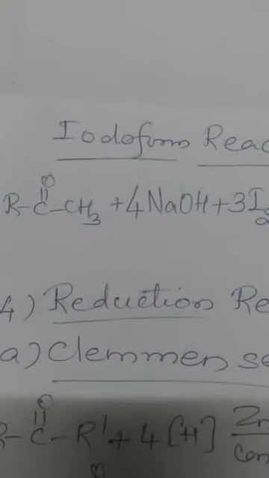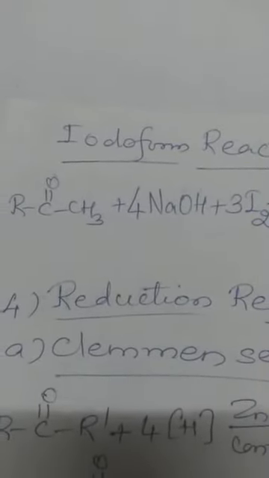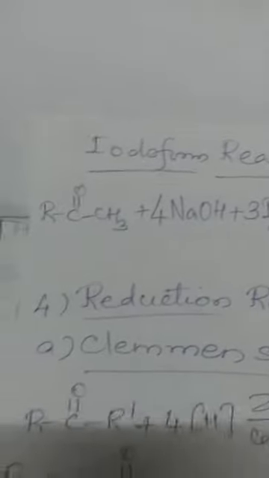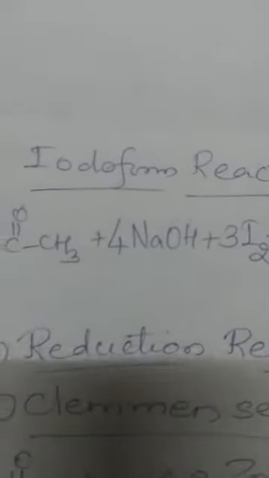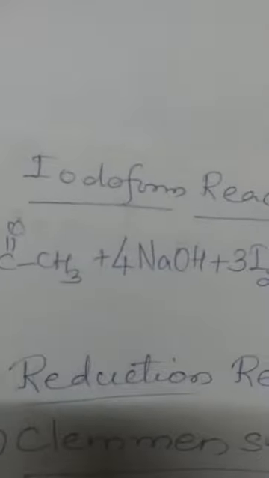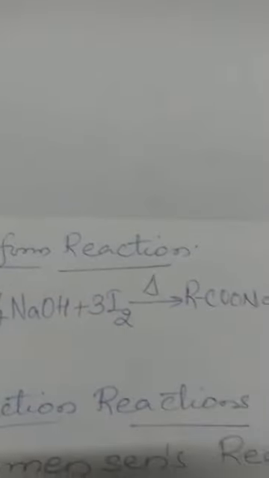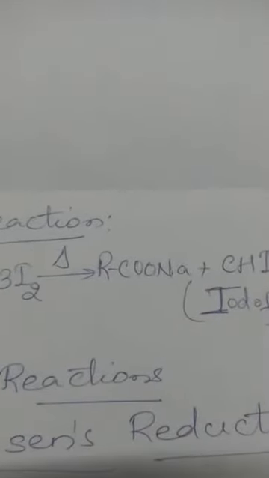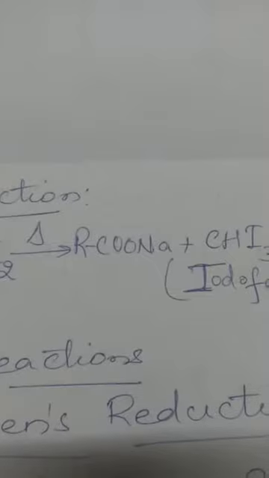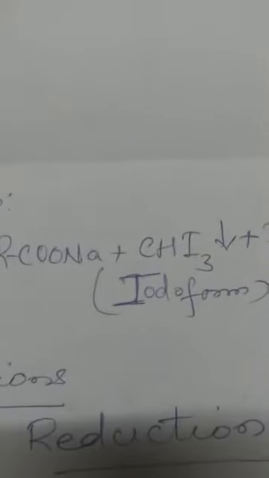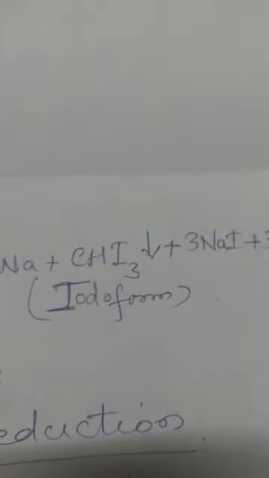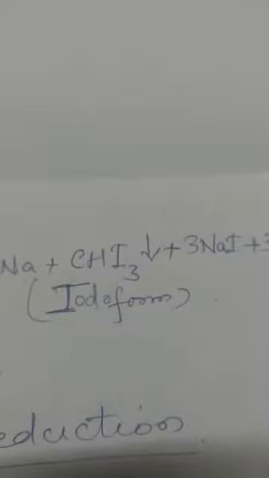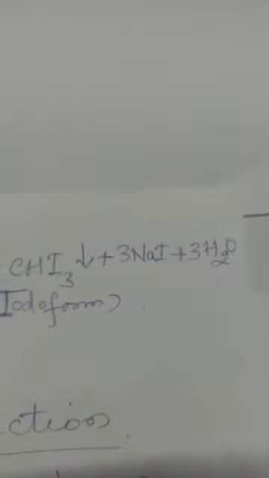But in the final equation, you will represent the methyl ketone RC double bond O CH3 reacting with NaOH and iodine to form the sodium salt of the corresponding carboxylic acid RCOONa plus CHI3, which is called iodoform, plus 3NaI plus 3H2O, that is to balance the reaction equation.